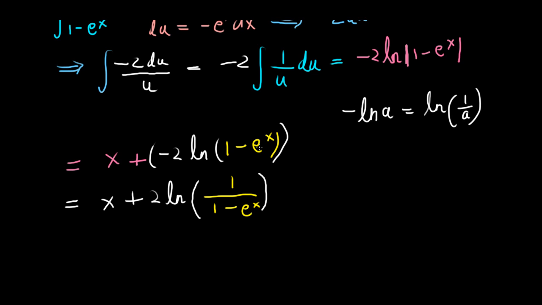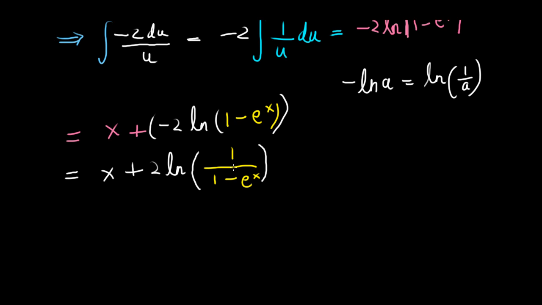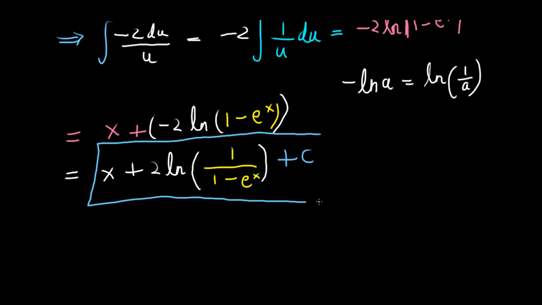In this case a is 1 minus e to the x. We don't need to simplify this further, I guess. Yeah, that's pretty much it, and we are done. Oh, and I almost forgot the plus c. There is our final answer.